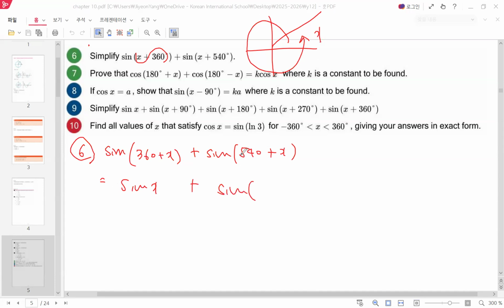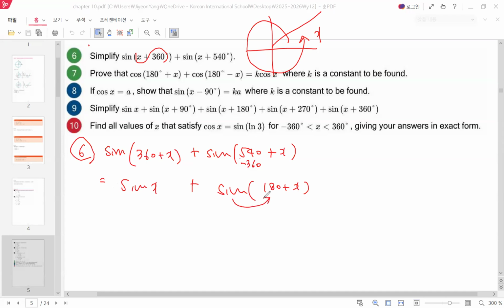And then sine of 450 plus x. Guys, basically, one full turn is 360 degrees. So every 360 degrees, everything is going to be the same, right? So you can subtract 360 and then write down 90 plus x. Then sine 90 plus x. Is it sine or cosine?